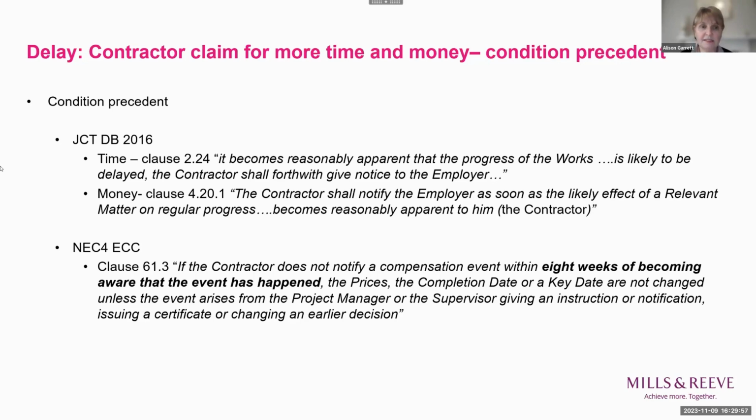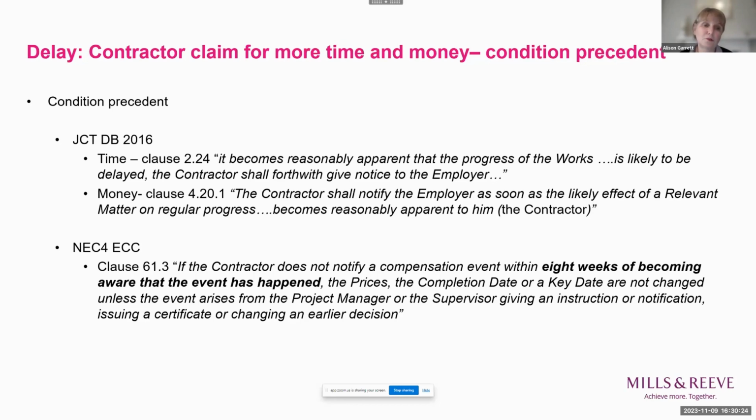So under JCT Design and Build, there are two clauses which could arguably have amounted to a condition precedent. Under 2.24, where a contractor wishes to claim extra time, it has to, when it becomes reasonably apparent that the progress of the works is likely to be delayed, forthwith give notice to the employer.